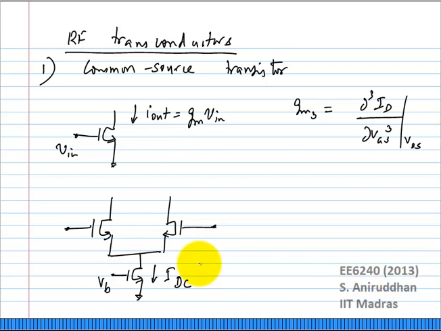This will necessarily have a third order term, because the output current to input voltage behavior is no longer decided only by the device characteristics. It actually depends on the differential input voltage instead of just the single-ended input voltage. Therefore, you will necessarily have the third order term. In fact, in this case, you will not have the second order term as long as there is good matching between either side.